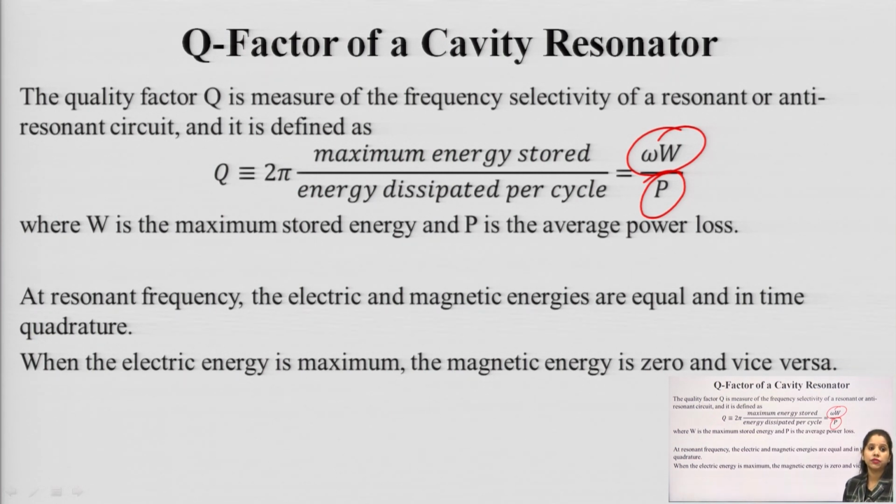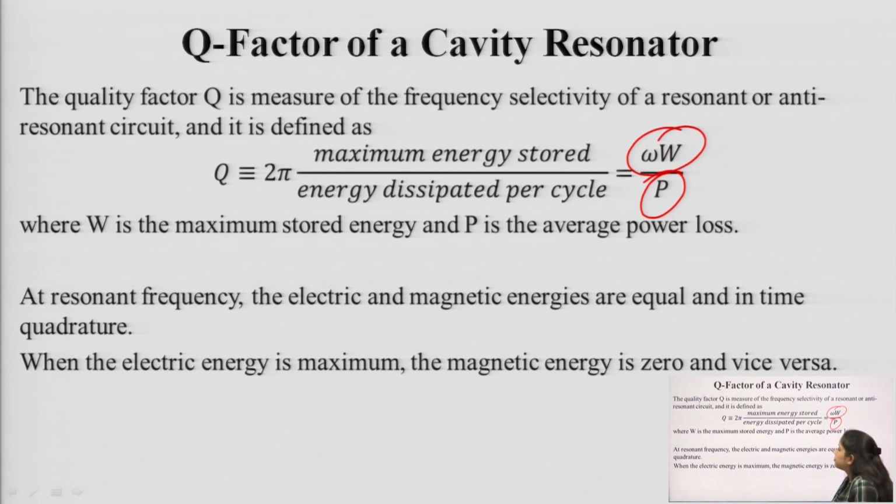Whenever there is a cavity resonator, we always use this very important factor, the quality factor. Maximum energy stored can be determined in terms of inductance and capacitance, that is the energy stored in the cavity. Energy dissipated per cycle can be determined in terms of resistance. So, we have those two expressions.